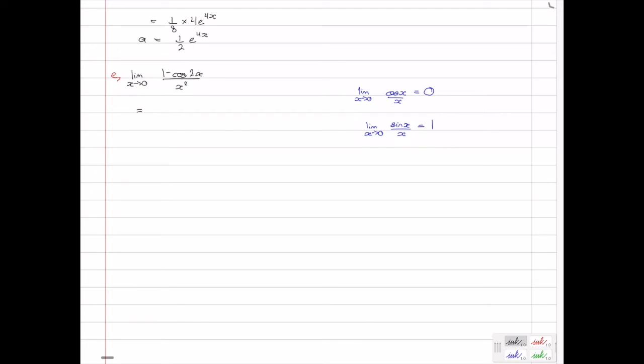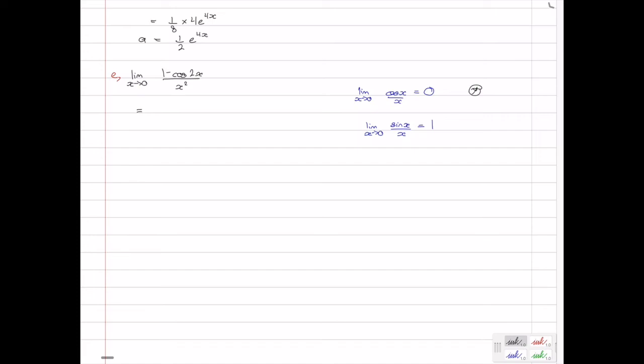These are our small angle results. Somehow I need to try to work these into my question here. Now I can see that I've got a cos 2x here, but that's not exactly going to guarantee that I'm going to use this equation. The reason is that the argument of the cos function is 2x, and I don't have a 2x in the denominator. What I could do is multiply the denominator by some constant, probably 2 or maybe 4, and then also multiply the top by the same constant.